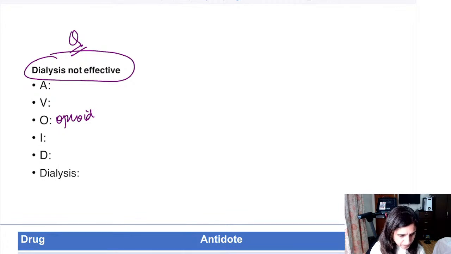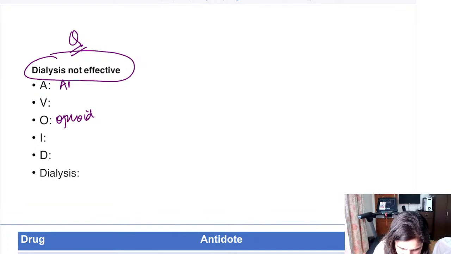Then A. Can you make out? A is for amphetamines.